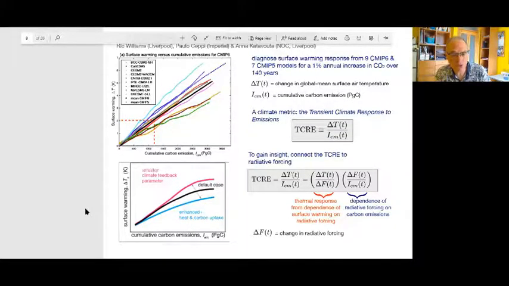They're not the dominant cause of the intermodel differences after about 50 years. Again, for CMIP5, the thermal and carbon responses are comparable to each other, but that's what seems to be different in our diagnostics.